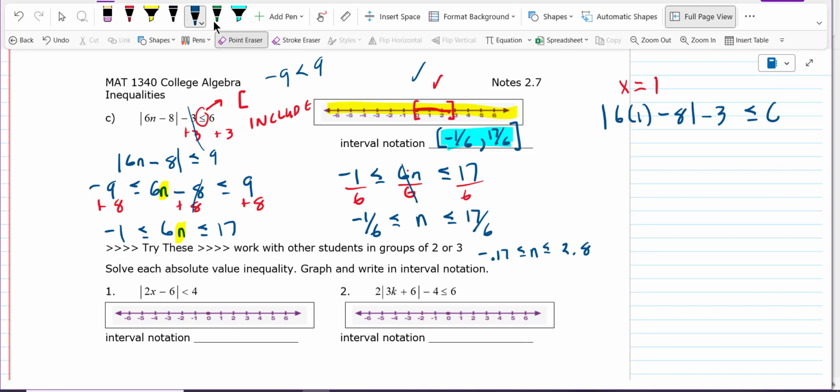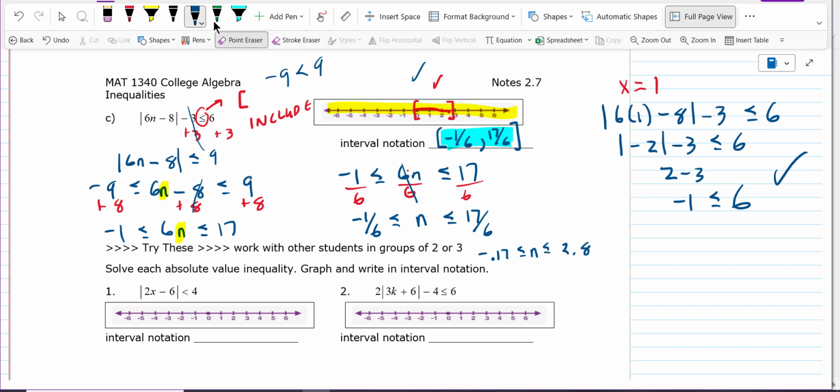Let's see if that's less than or equal to 6. This would be 6 minus 8 is -2, absolute value is 2. This would be 2 minus 3, which is -1, and see, that's true. And it would turn out that every number in between -1/6 and 17/6 would work.